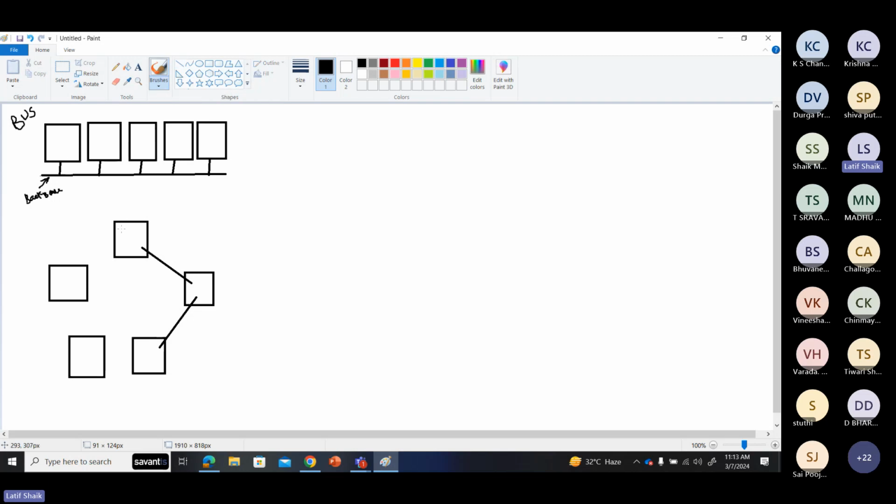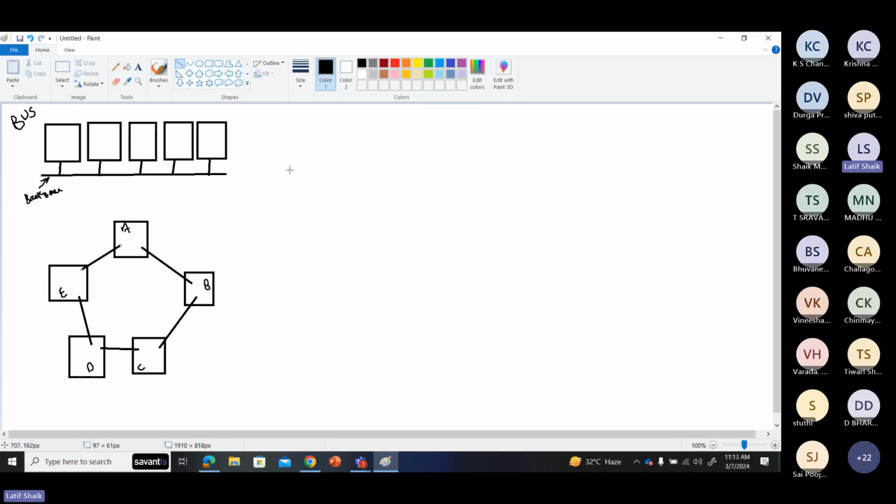For example, you put names on these devices: A, B, C, D, E. So A is connected to B, connected to C, connected to D, connected to E. Finally, E is connected to A. It's like a circle, in a clock direction or anti-clock direction. So a device is connected to the next device, and finally the last device is connected to the first device.